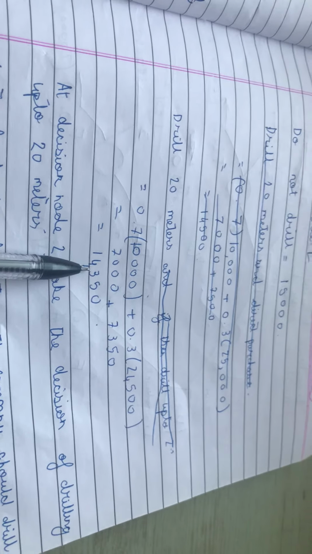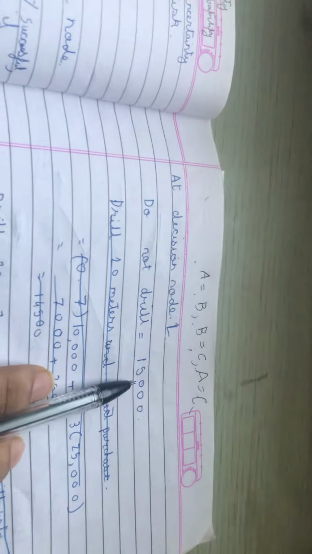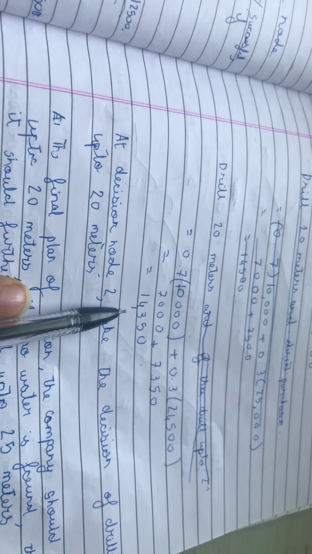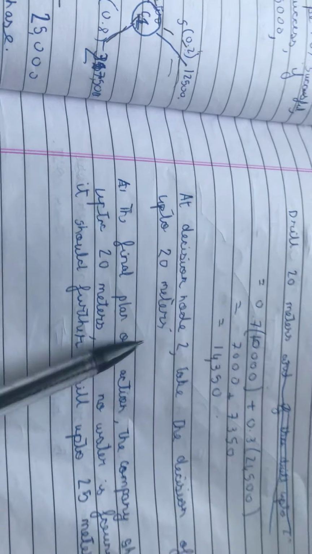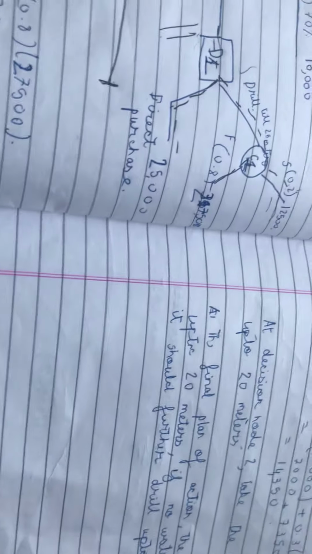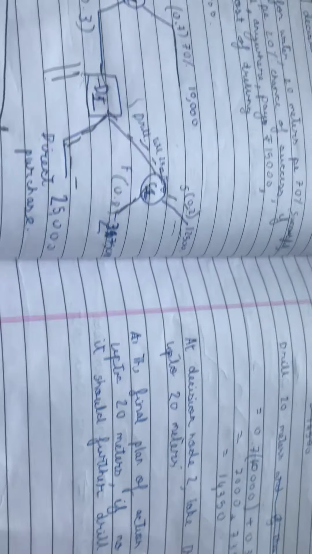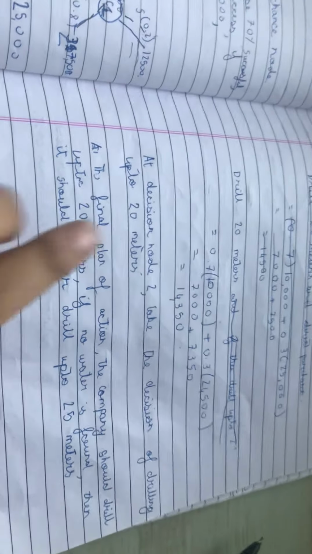Here, the cost of not drilling is 15,000, but the cost of drilling 20 meters is 14,350. So at decision node 2 we will be drilling to 20 meters. That's what we will suggest. We are just suggesting whether to do that or not. It's their call. So 14,350.